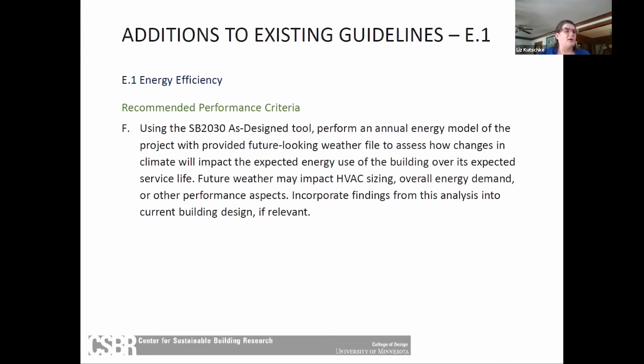So I think the plan is to have representative files for areas of the state that teams can access with the SB 2030 as design tool. And we're still working out some of the details of how that will work, but hopefully an update in the tool to come. So the future weather may impact sizing, energy demand, or other aspects, as we saw with some of the earlier slides. And then we asked that if there are impacts that would change the building significantly within its service life, that those be addressed in the design process.